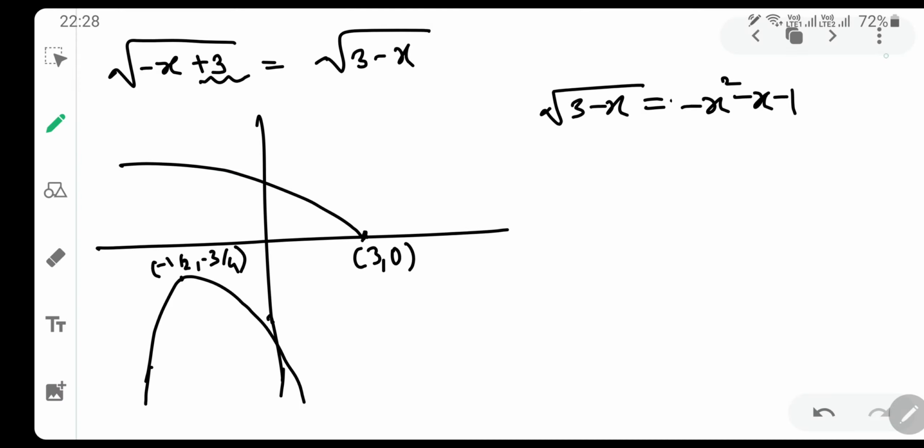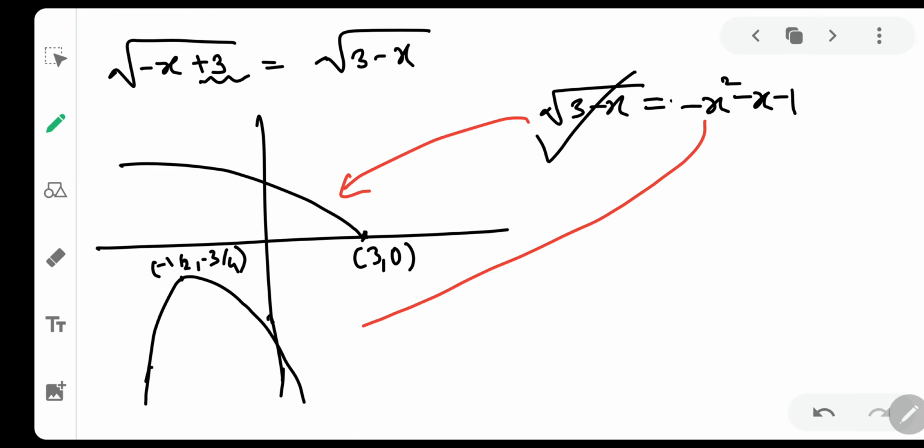We drew the graph of root of 3 minus x, which is this, let me show you with a red pen, and we drew the graph of the parabola minus x square minus x minus 1. Do you see any point where they intersect each other? There is no point where these two graphs intersect. It means there is no solution at all.